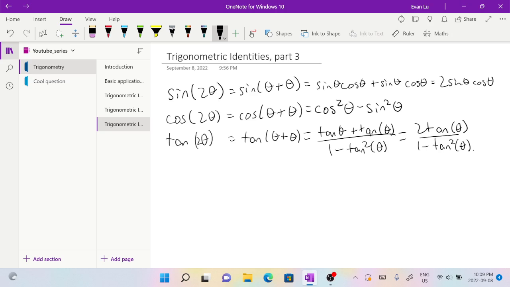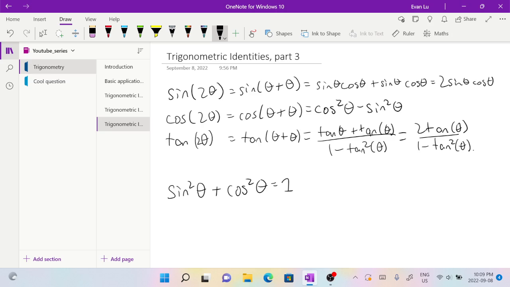So recall that sine squared theta plus cos squared theta is equal to 1 for any angle theta. So we can try to get an expression that has only sines or an expression that has only coses, and those are in fact the other 2 forms of this formula.